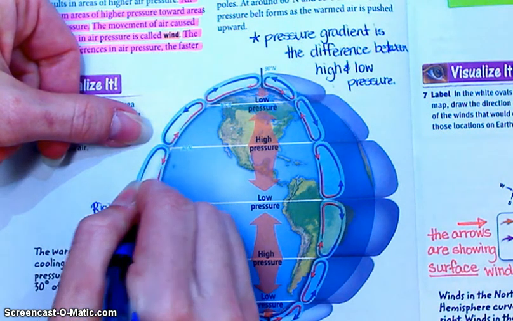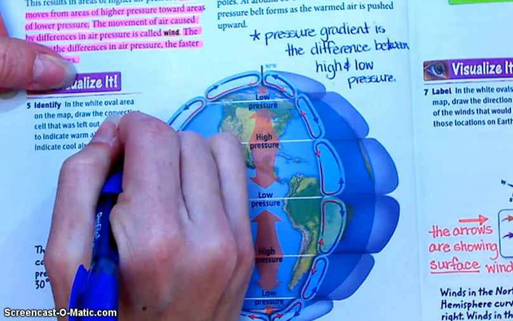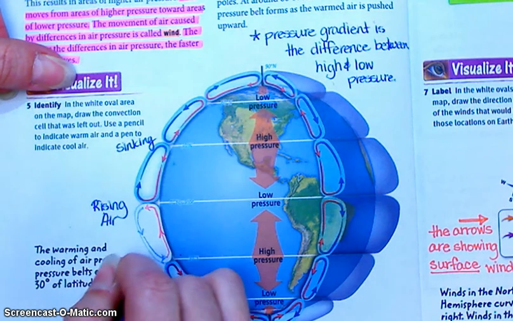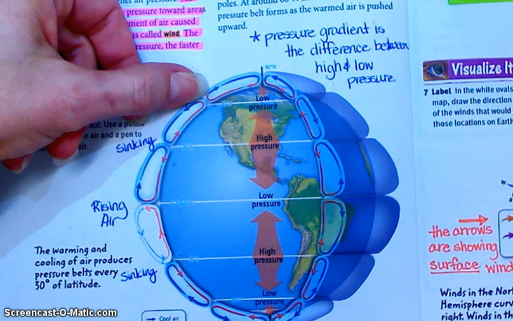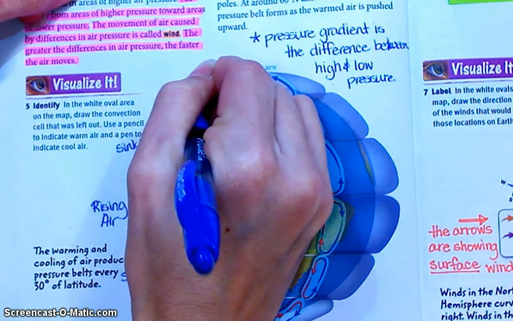Equator, rising air. 30 degrees north and south, sinking. 60 degrees north and south, rising in general.